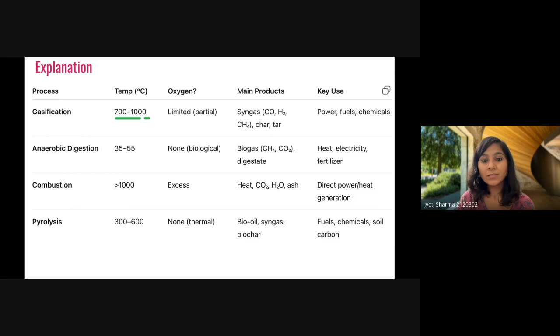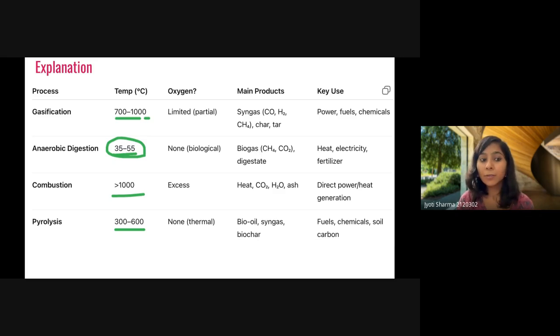For anaerobic digestion, because here we are using microbes, the temperature will be just 35 to 55. For combustion, the temperature may be more than 1000, and for pyrolysis, the temperature will be 300 to 600.